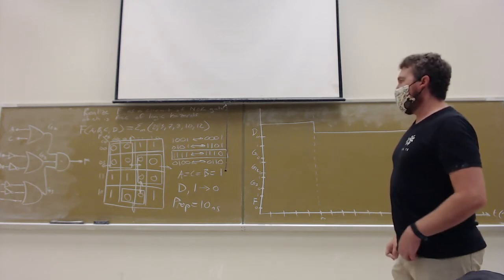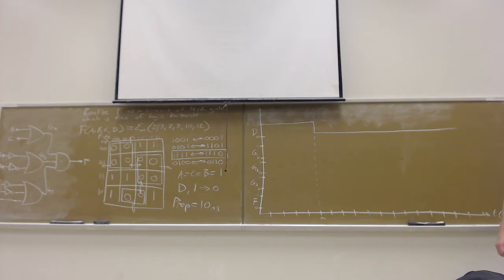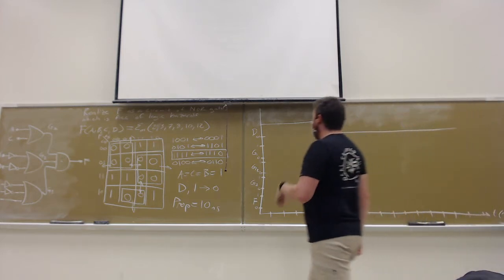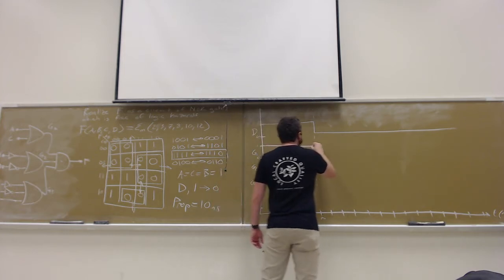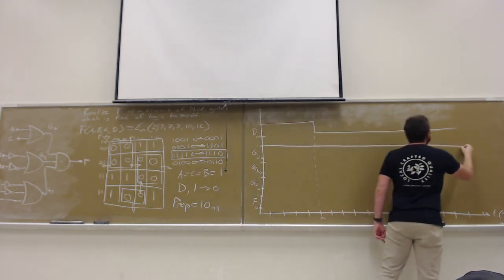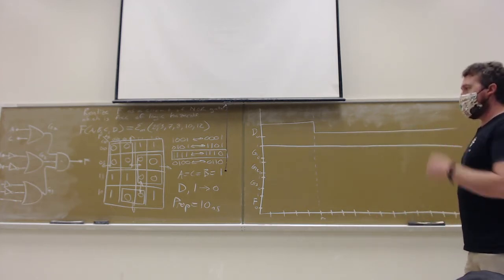All right, so going from top to bottom, G1, is G1 affected at all by this? No. G1 is going to stay at 1 forever. A and C are always equal to 1. All right, G2, is G2 affected?